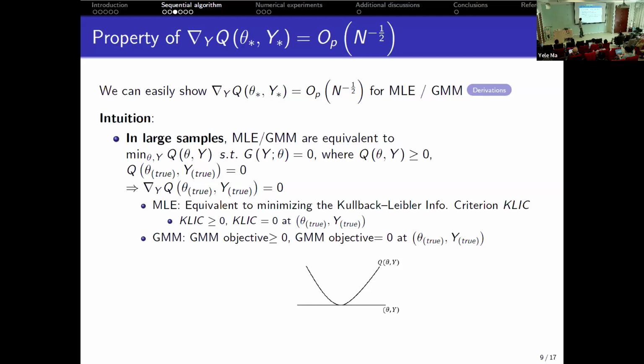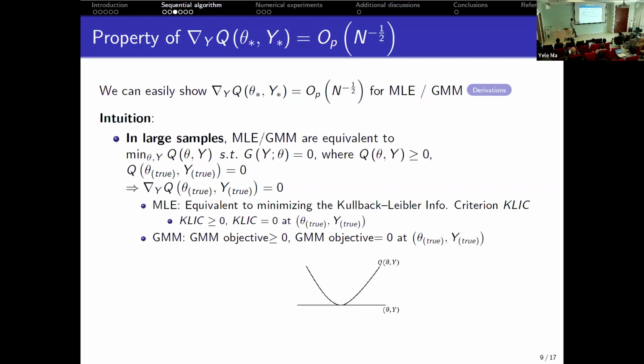So here I show a figure corresponding to this situation. And from this figure, we can easily see that the gradient of Q with respect to Y should be equal to 0 because of the first order optimality condition.